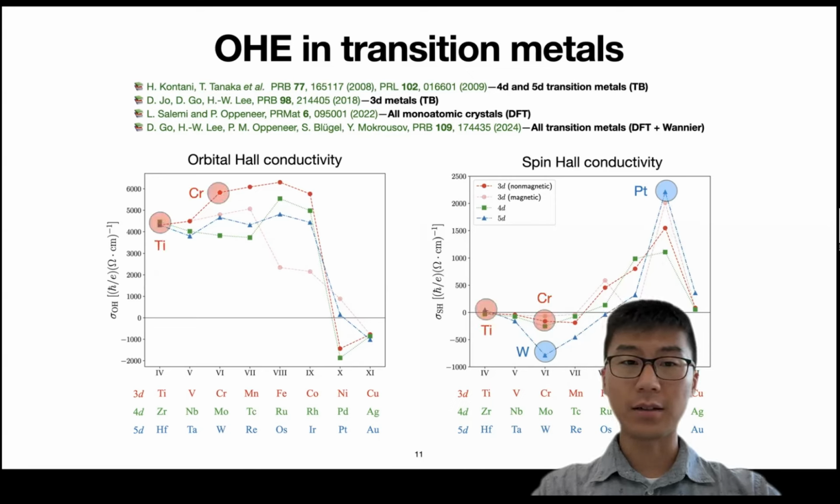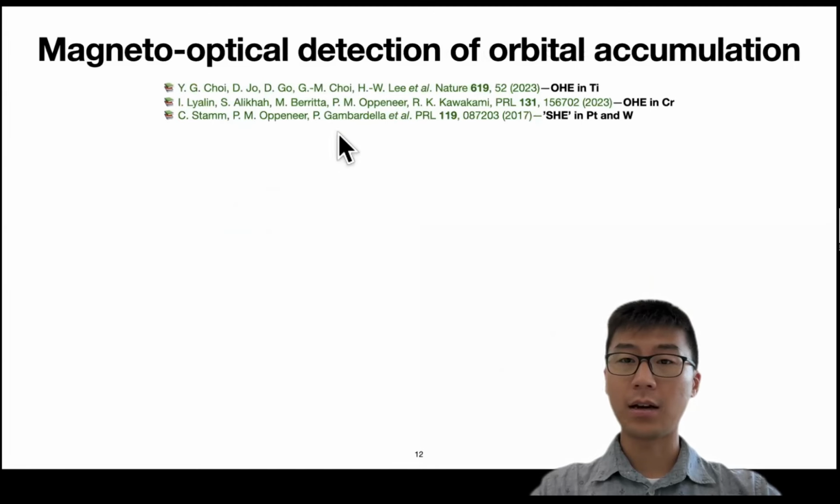But when you look at light metals like titanium and chromium, their orbital Hall effects are still gigantic, while their spin Hall effects are almost vanishingly small. And that's why early experiments which tried to measure orbital Hall effect in metals focused on titanium and chromium. They were confirmed in the following two papers by Choi and Lyalin et al., on titanium film and chromium film.